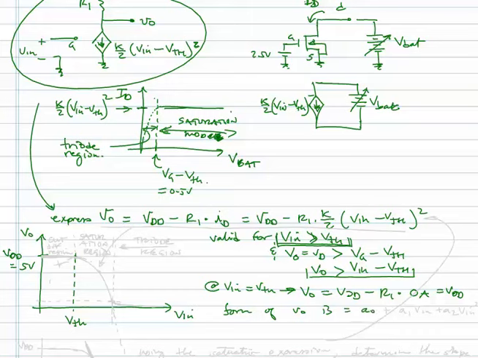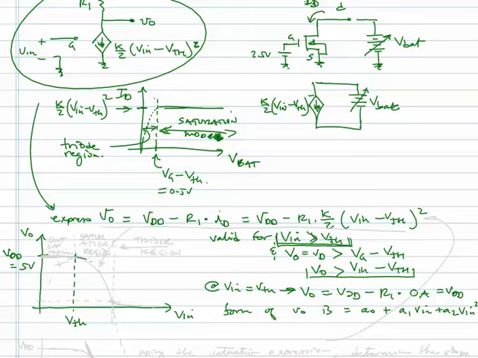So this is a square law, and the net result is that the voltage is dropping from VDD, and it's going to fall according to the square law.